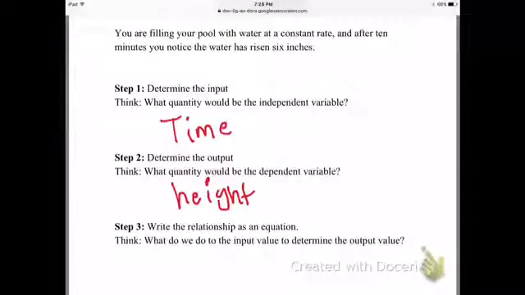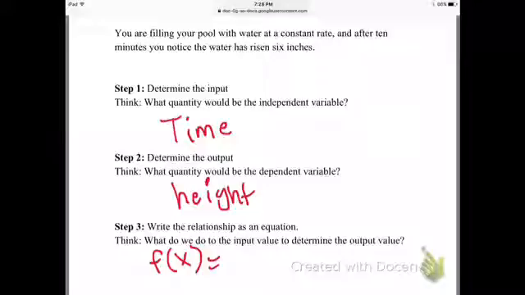So step 3, write the relationship as an equation. So what do we do to the input value to determine the output value? Well, we know it's going to be something with f of x, and we know that it rose 10 inches after 6 minutes.